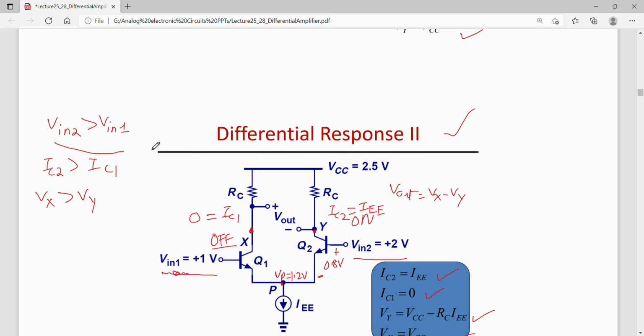Or one can say that when V in 2 increases, IC2 increases and IC1 decreases. So when V in 2 increases further, this implies that IC2 also increases and IC1 decreases.